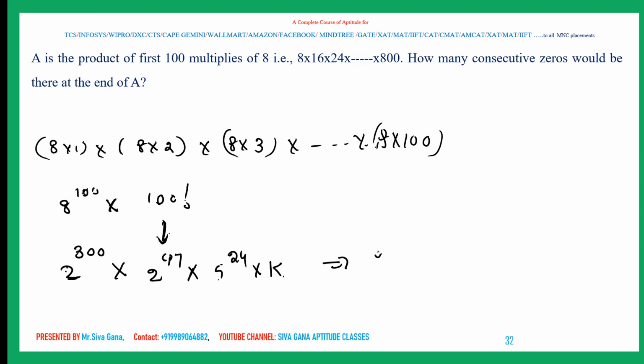Therefore 2 power 397. 2s are there, but 5s are only 24. Therefore 24 trailing zeros. So we can make only 24 trailing zeros. Even though 2s are much more available, 5s are not available. That is the reason why. So 5 power 24, 24 trailing zeros are only available.